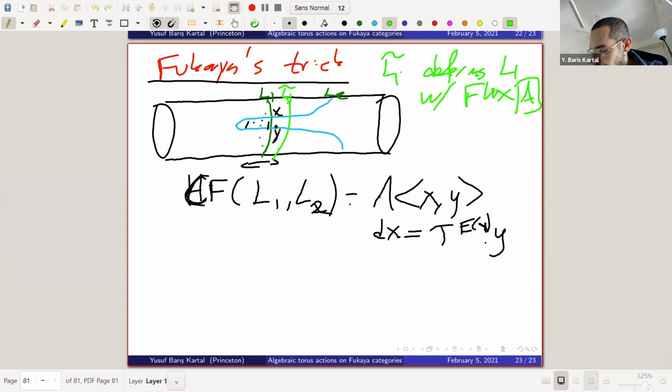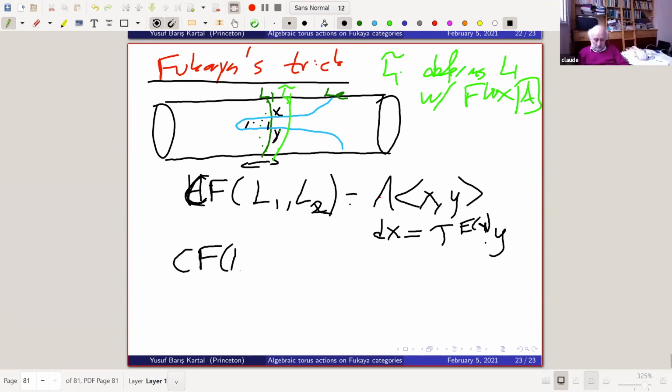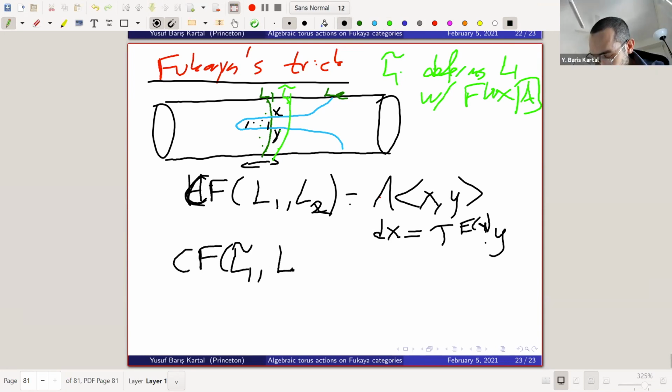How do I write the Floer homology of L1 tilde with L2? Well, I can identify the generators, right? Let's actually call this flux parameter T maybe? Forget about A, okay?